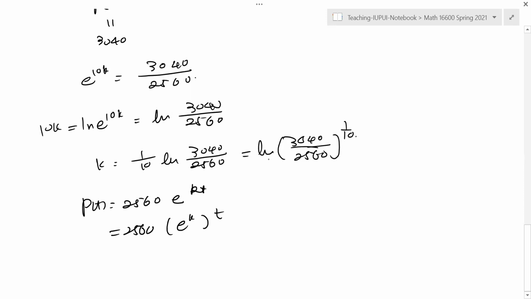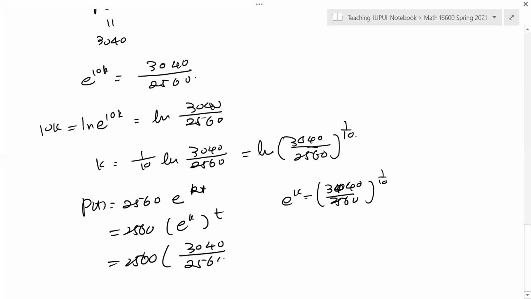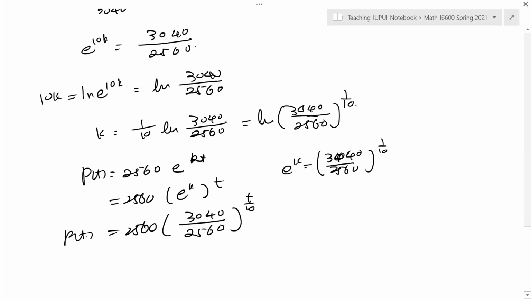So what is e to the k? e to the k is nothing but 3,040 over 2,560 to the power 1 over 10. So P of t is 2,560 times (3,040 over 2,560) to the power t over 10. You see? So you can even express this formula for the population without using e.